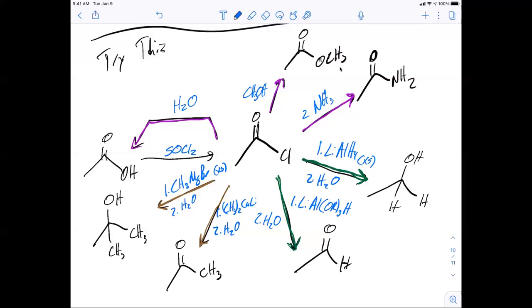Pyridine? You know, pyridine is not really necessary for the chlorides. Sometimes you'll see it, but it's not always shown. You see it sometimes when you see the alcohol with the acid chloride going to the ester. They show the pyridine. Part of that is that in that case, you don't want your alcohol to be in excess, right?